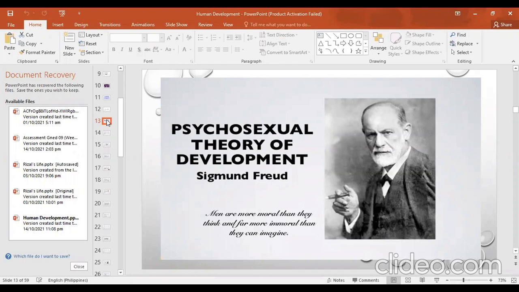So Sigmund Freud believed that personality developed through a series of childhood stages. Di ba when we talk about psychoanalytic theory, yung childhood experiences mo, it has something to do with the libido na kapag siya ay napigilan, malaki yung tendency na magkaroon siya ng effect kapag ikaw ay lumaki na. Okay? And now, pag-uusapan natin yan.